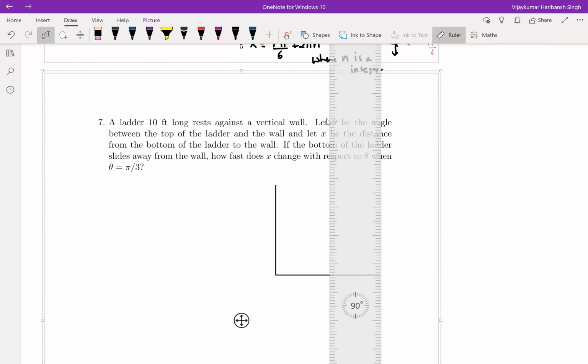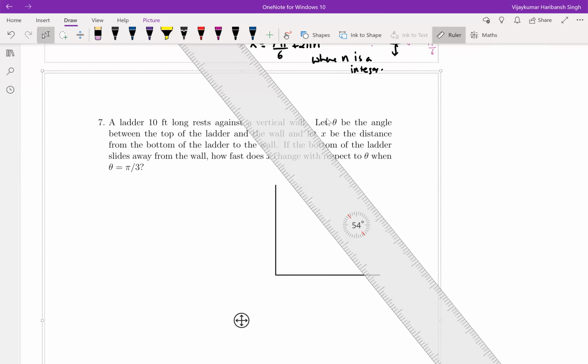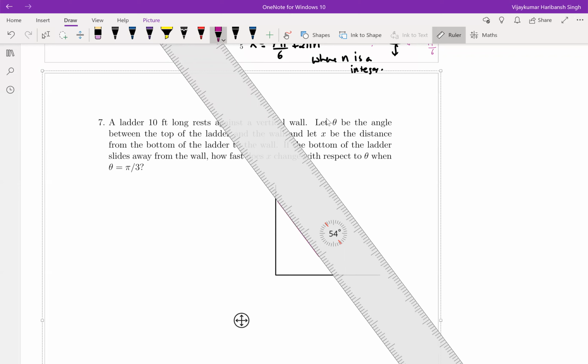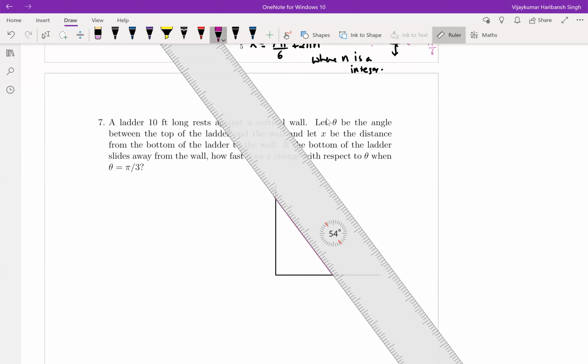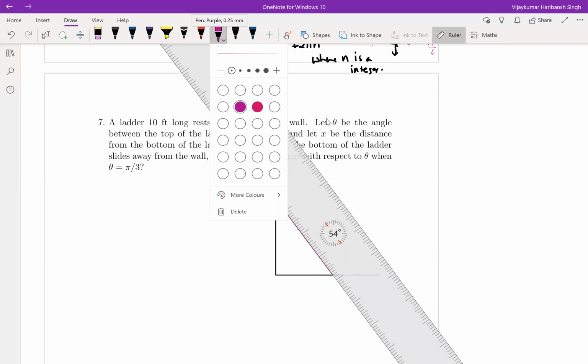So suppose this is your ladder. So this is our ladder.